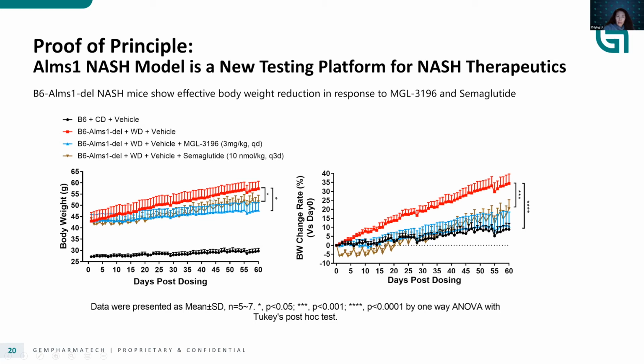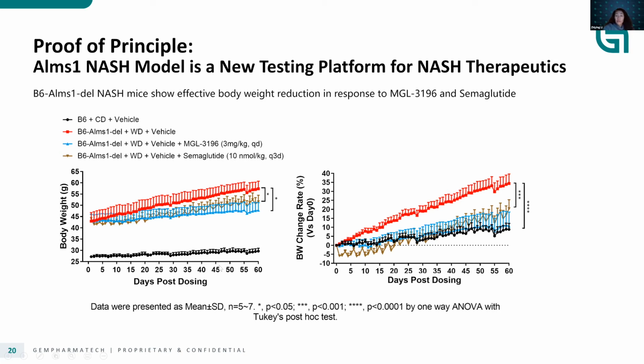The red is our NASH model, basically the mutant Alms1 with the Western diet treatment. And then the blue and the gold or brown color represent the NASH animal treated with MGL3196 or semaglutide. As you know, the dosing arrangements are illustrated here.